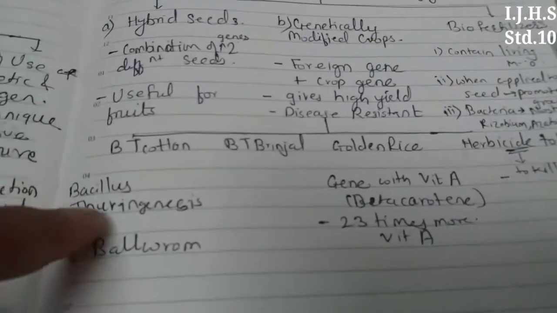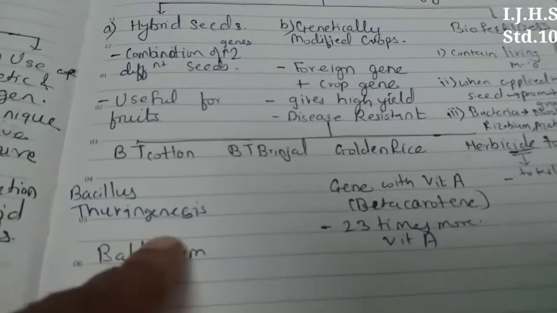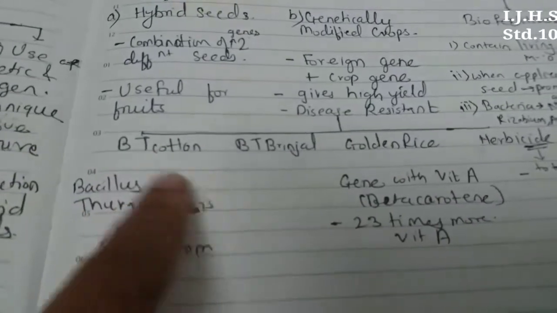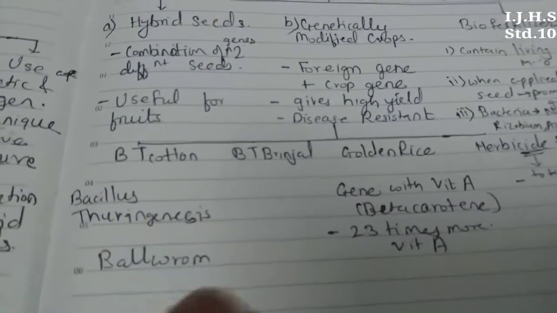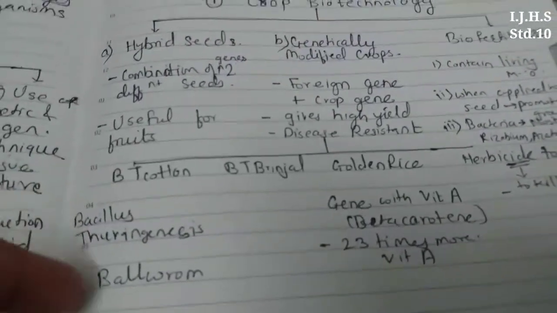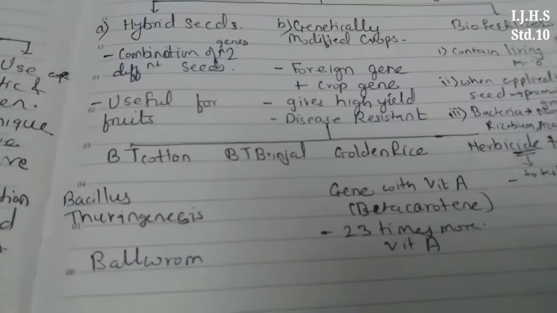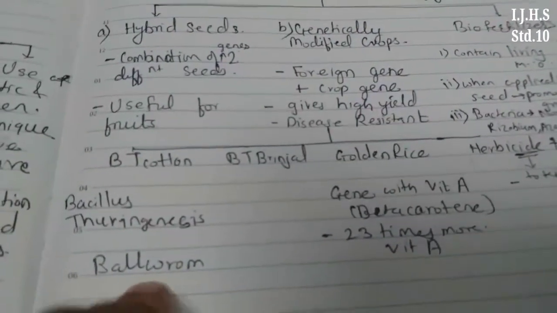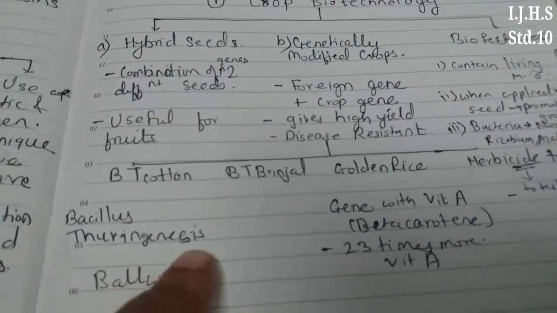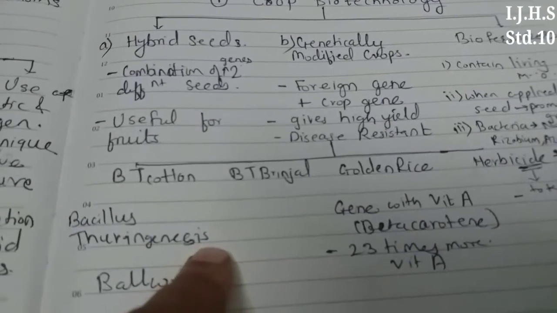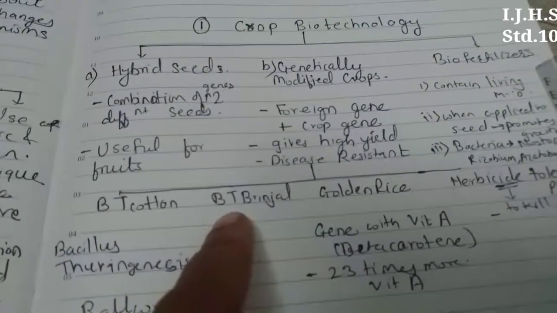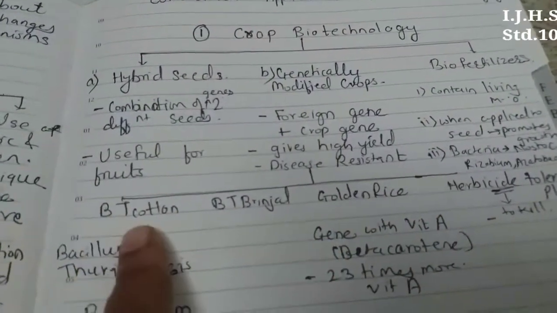For that purpose, a bacterium like Bacillus thuringiensis is given to that crop plant, and as the cotton grows, when the bollworm insect eats that cotton, this bacterium enters the alimentary canal of the insect and it dies. For that purpose, this Bacillus thuringiensis is incorporated into that crop plant, BT cotton. Next is BT brinjal, same as BT cotton.